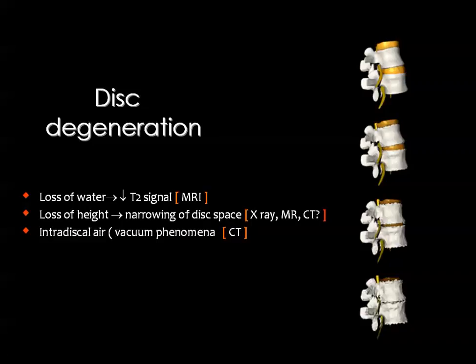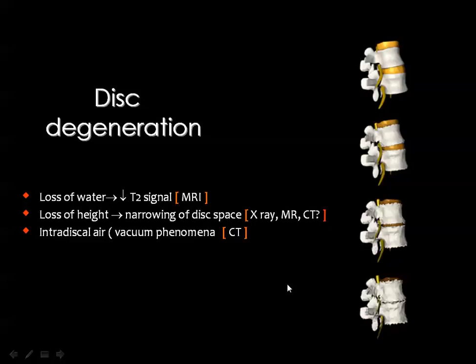And you know that the disc is composed of two main parts: the annulus fibrosus and the nucleus pulposus. Annulus fibrosus is made of fibrous tissue surrounding the nucleus, which contains water and cartilage.